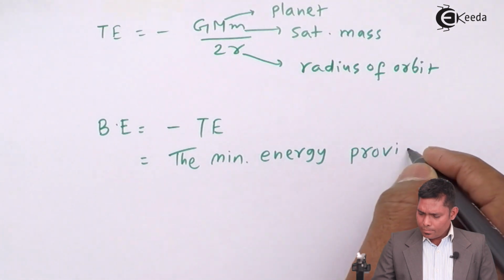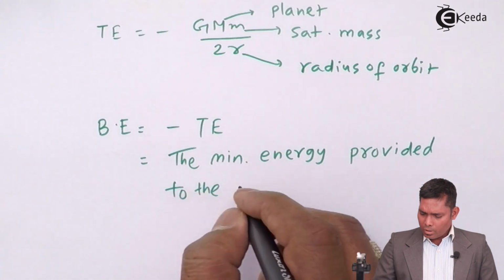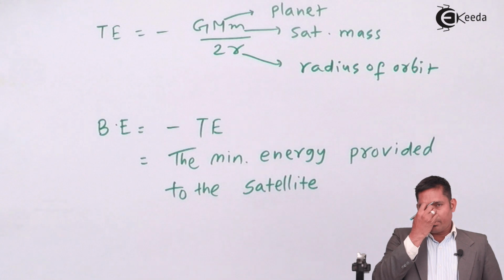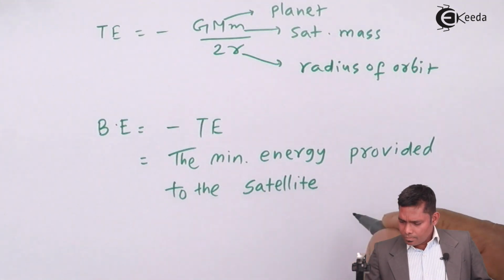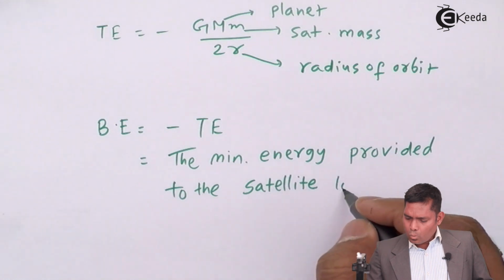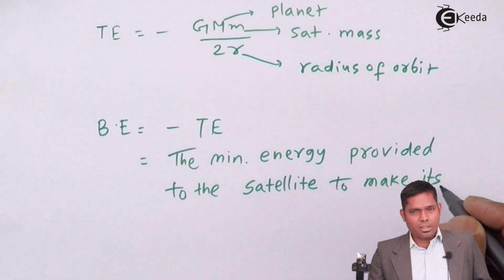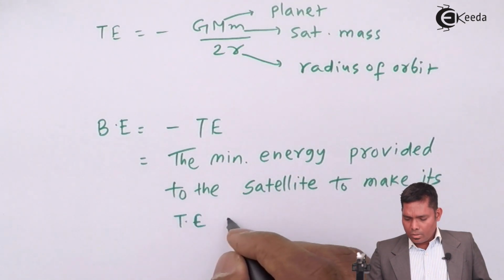So binding energy is the minimum energy provided to the satellite, or any object for that matter, to make the object's total energy zero.